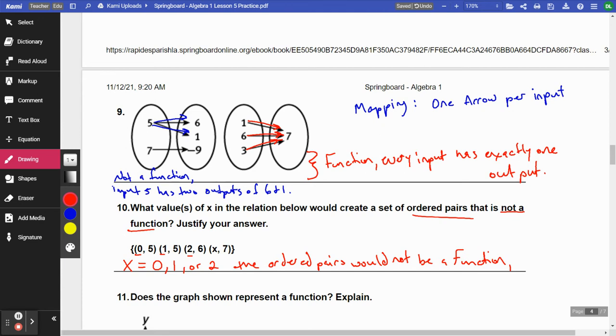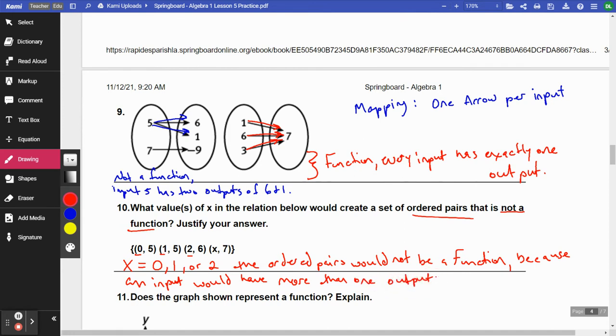Because an input would have more than one output. Very good.